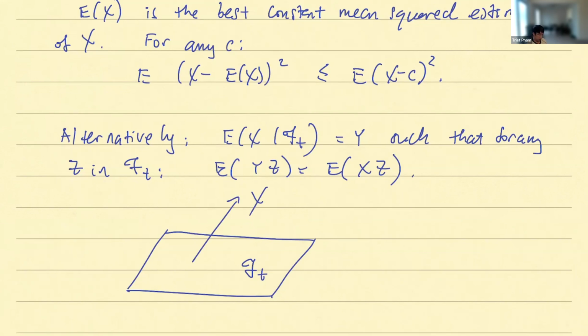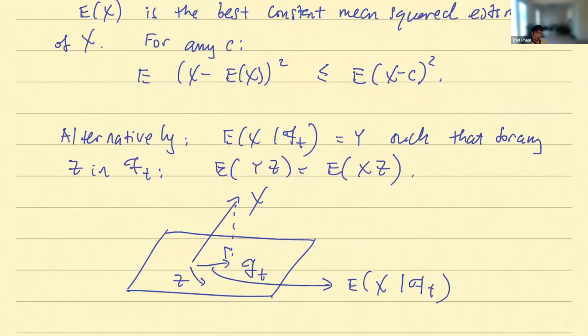So think about your projection. If you do orthogonal projection, then this right here would exactly be your good old conditional expectation. So what we're saying is that for any other vector in this space, this is Z right here, when you take the inner product between X and Z, it is the same as the inner product between this and this.